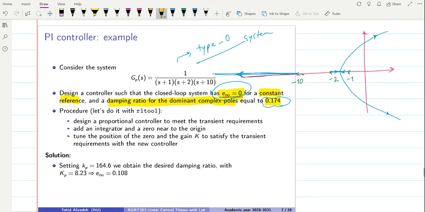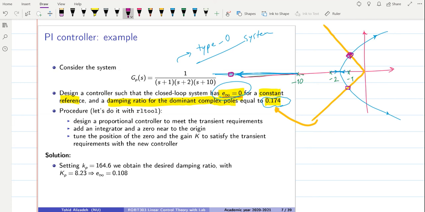We'll do it again through the RL tool, but if we draw the lines which correspond to this value of damping ratio, then we can pick a value for the K of the proportional controller such that two of the closed loop poles happen to be at these points. And then the third one might be somewhere over here. If you want, we can find out the location for the third one as well.